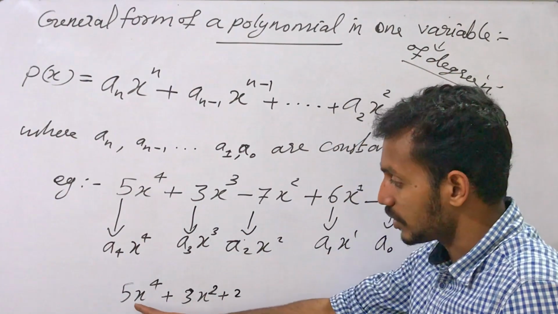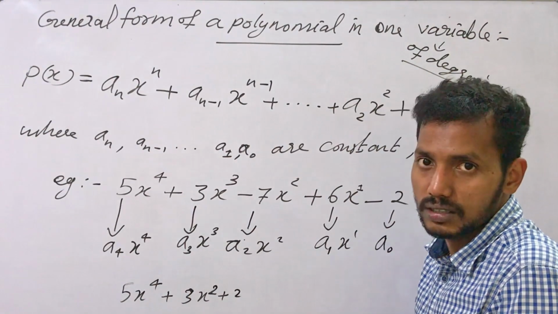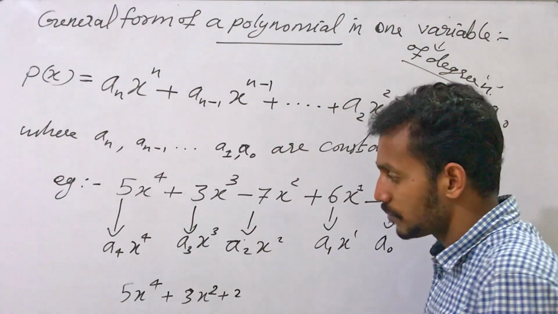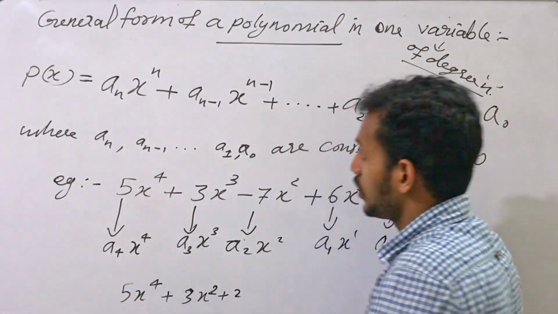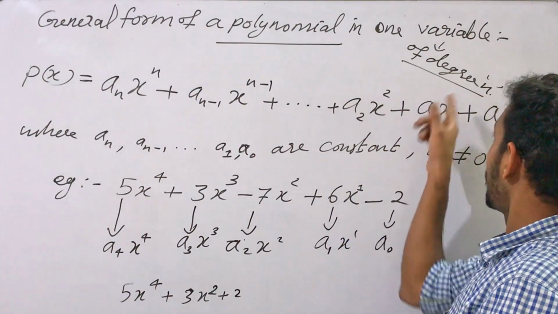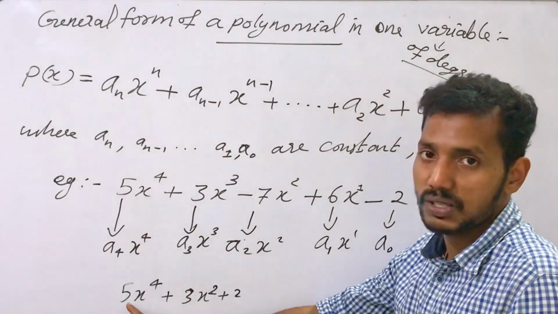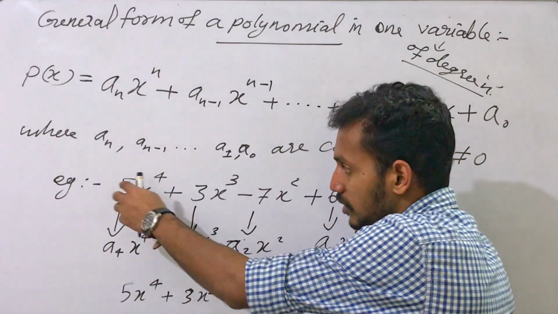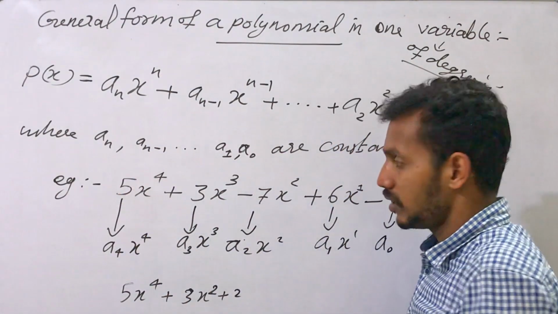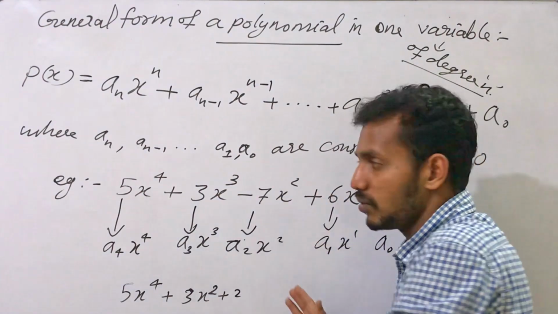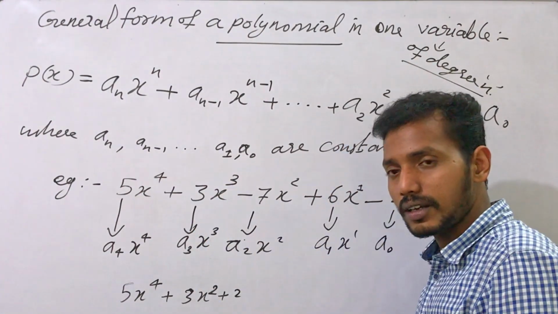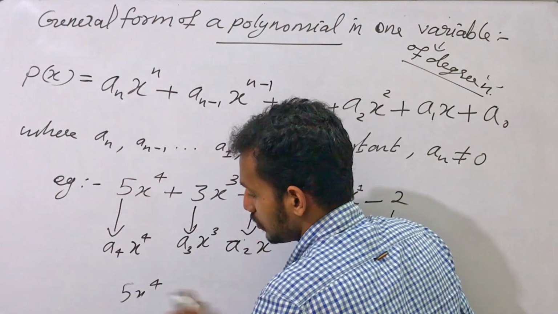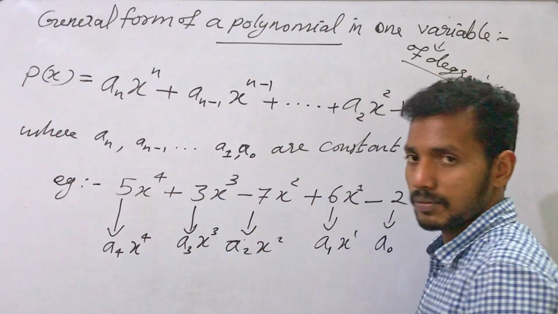So in that case the x cube term is not there, no problem. But to represent a polynomial of degree n, the an should not be 0. Here the degree of this polynomial is 4, so the 5 cannot be 0. In between, these terms can be 0, but this cannot. Clear? So these are the basic things you need to remember about this.